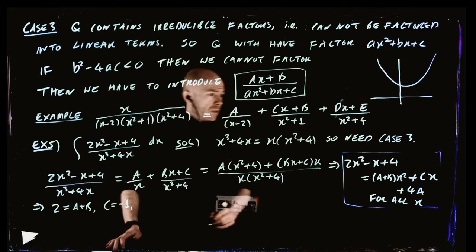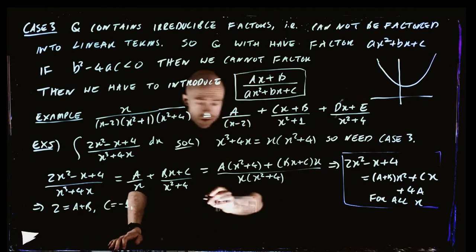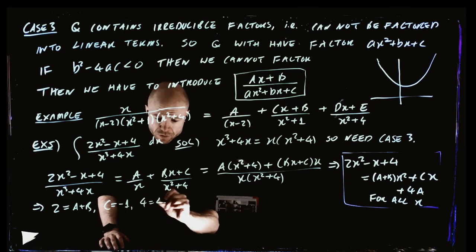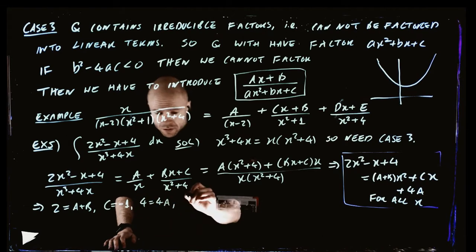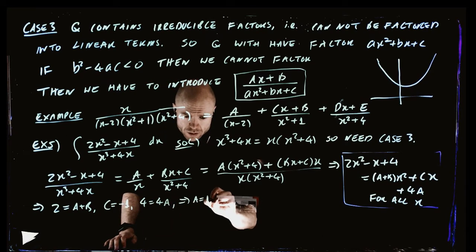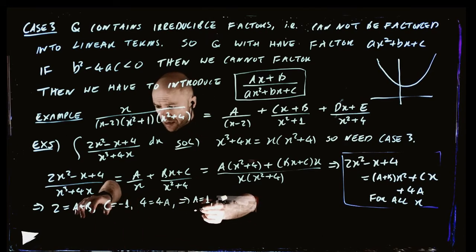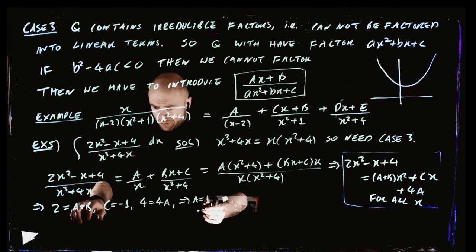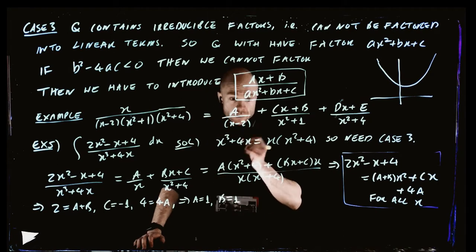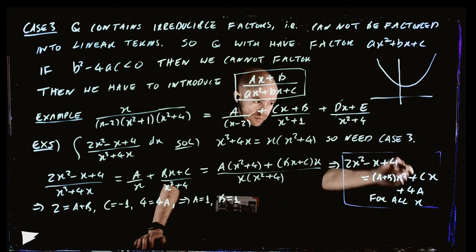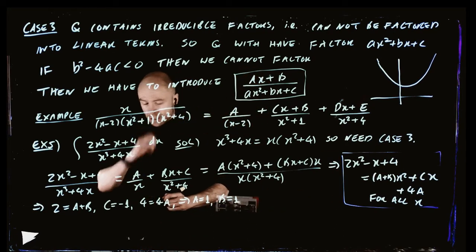And comparing the constant term, we're going to have 4 is equal to 4a, so that's easy too. So we know that a is equal to 1, and c is equal to minus 1, and then b will also have to equal 1. So we have our coefficients. In this case, finding the coefficients is really easy for us.